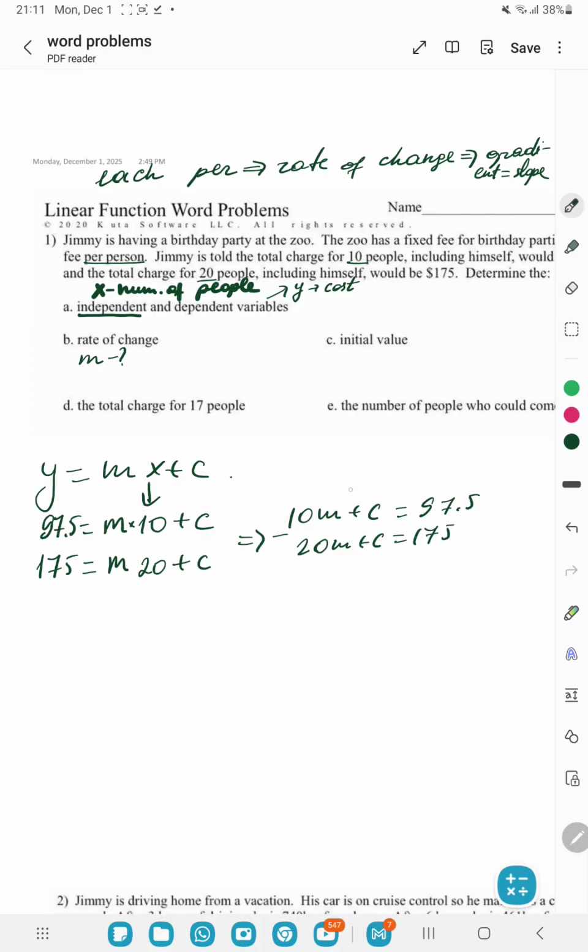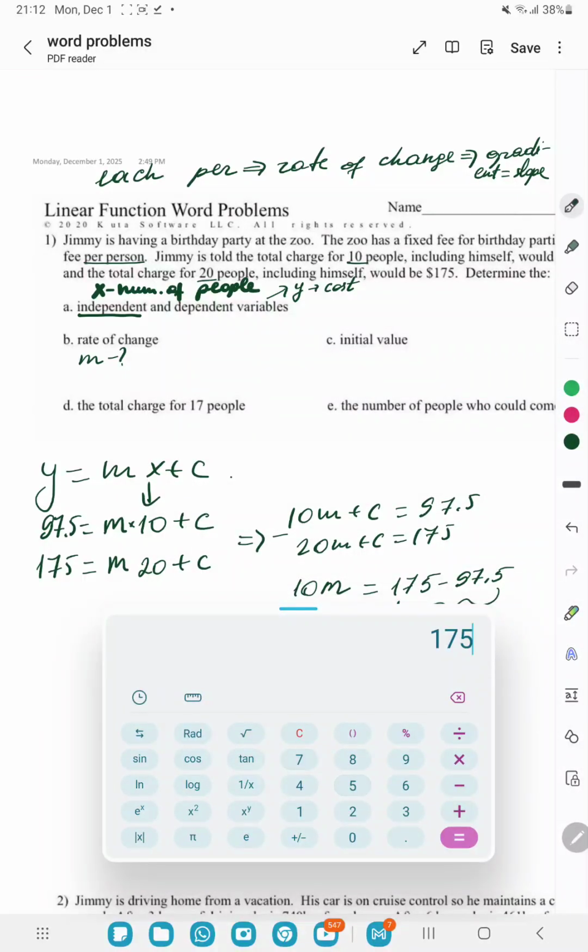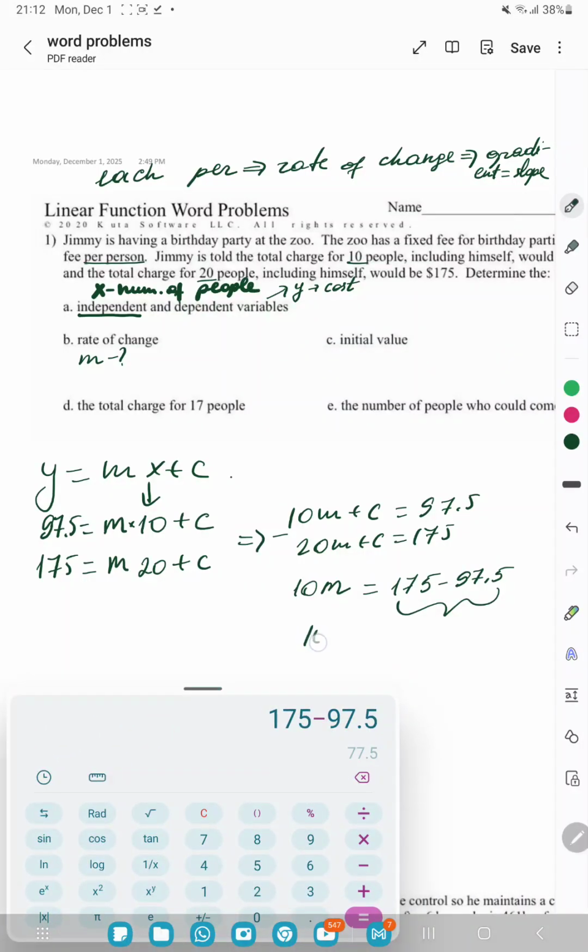If we subtract, we get 20 minus 10, which is 10m, right? c and c will be cancelled. 175 minus 97.5. So to find 10m, we have to subtract them. 175 minus 97.5 is 77.5.